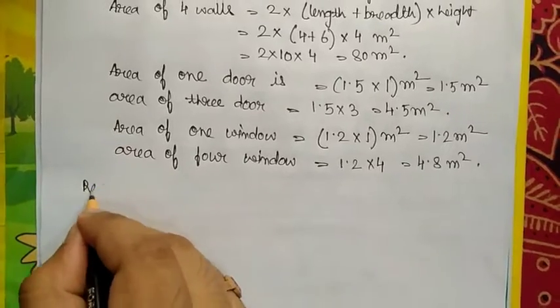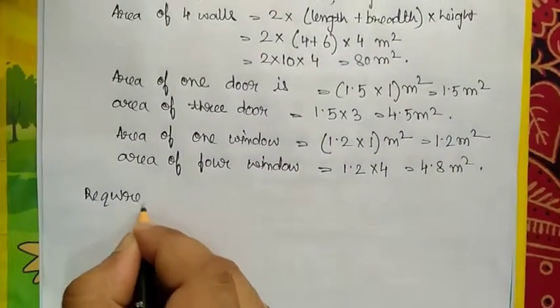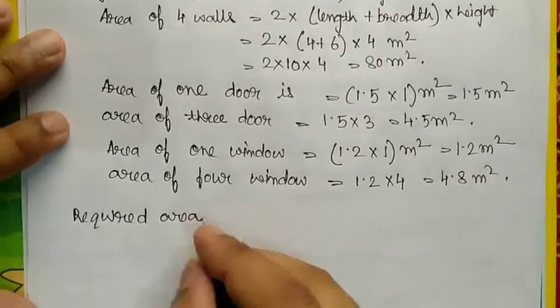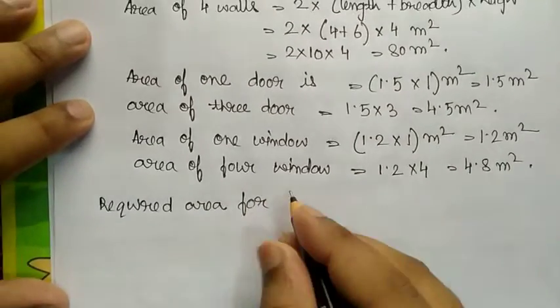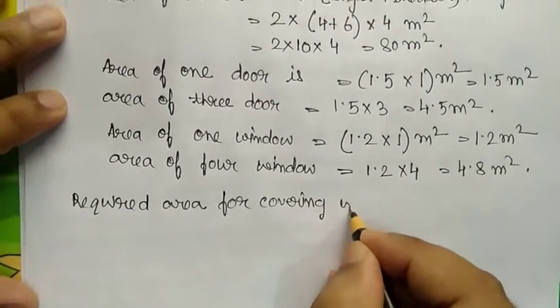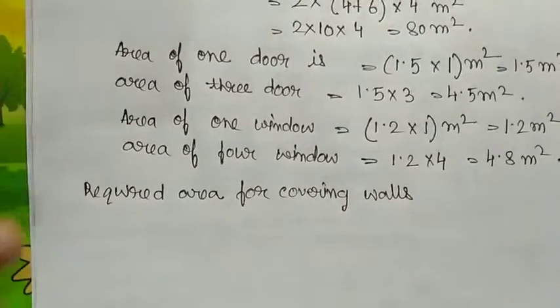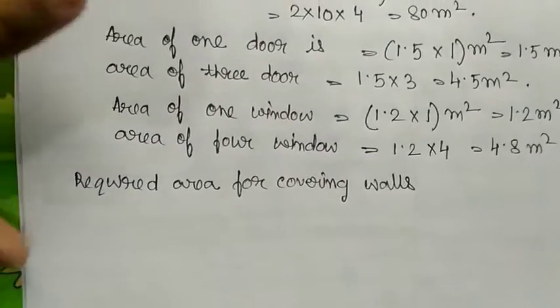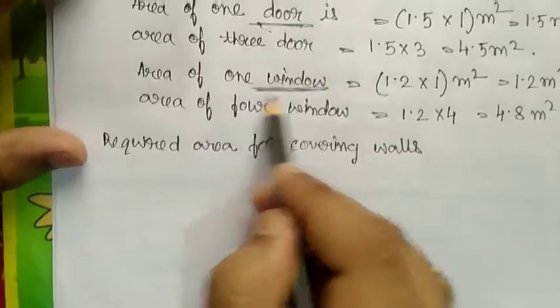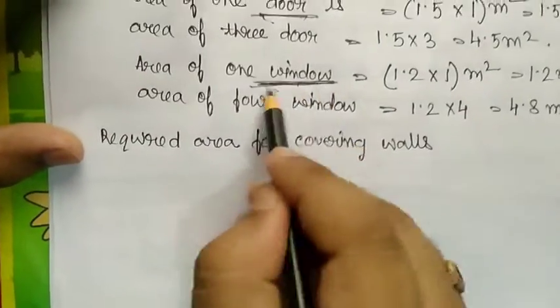So the required area for covering walls, the question is we have to cover the walls. So the doors and windows are not in the wall portion.